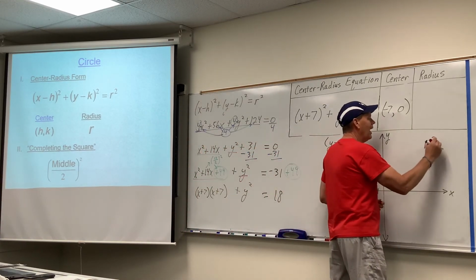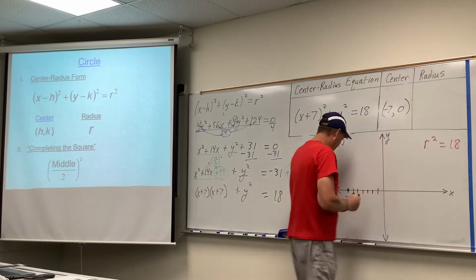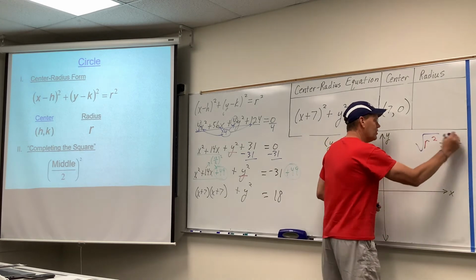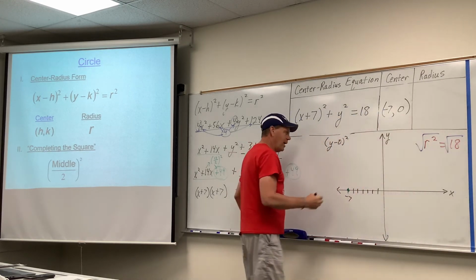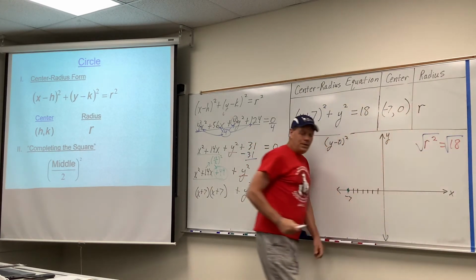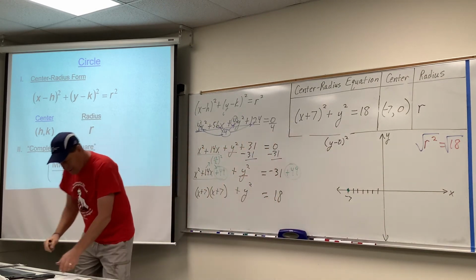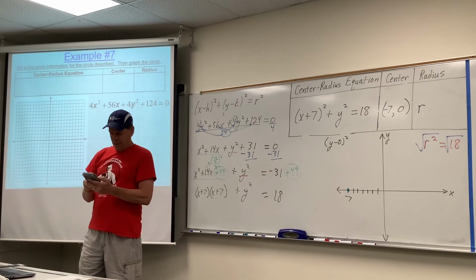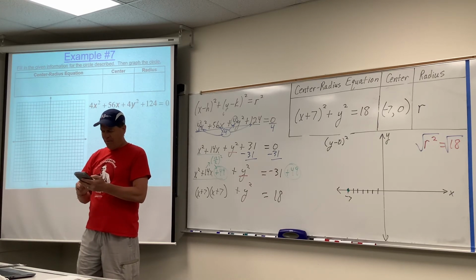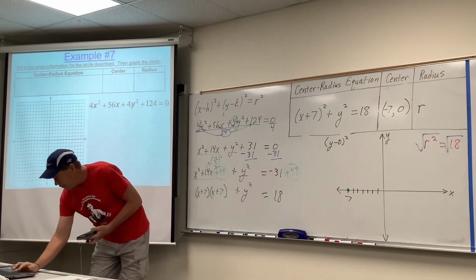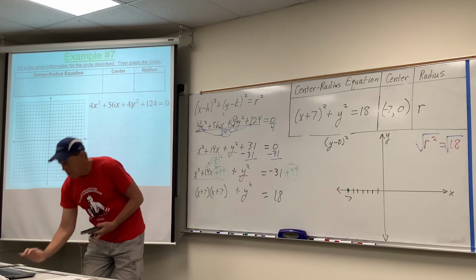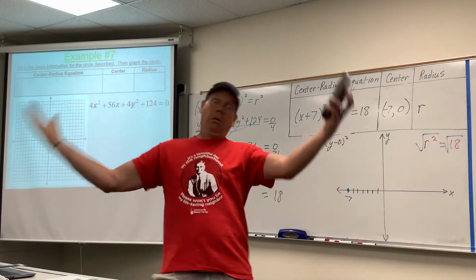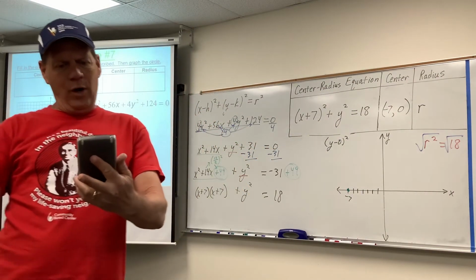Now, this is maybe a little bit of a freak out moment. When you square root both sides of that in order to figure out the radius here, you grab a calculator and take the square root of 18, and I've had this happen where somebody will freak out and say, oh no, that's a weird number.